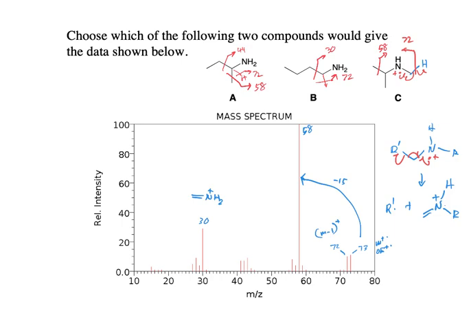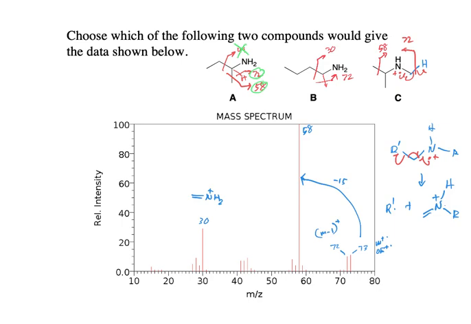Okay, so if we look at these three, which one do you think looks the best? A? If we got A, we have a 58 and a 72, but we don't have much 44. That's 43. I counted wrong. So we don't really have this.